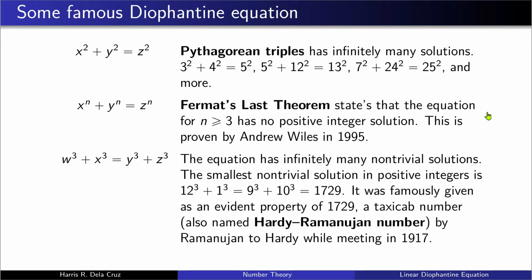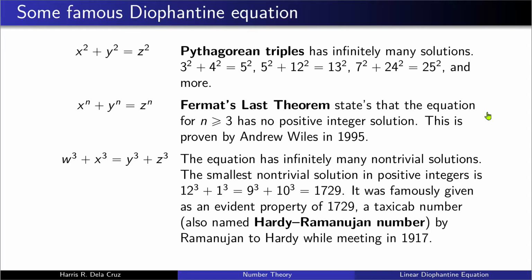Another famous Diophantine equation is the equation of Hardy and Ramanujan: w³ + x³ = y³ + z³. The equation actually has infinitely many non-trivial solutions. The smallest non-trivial solution in positive integers is given by 12, 1, 9, and 10, since 12³ + 1³ is equal to 9³ + 10³.